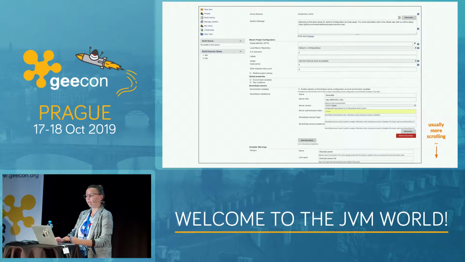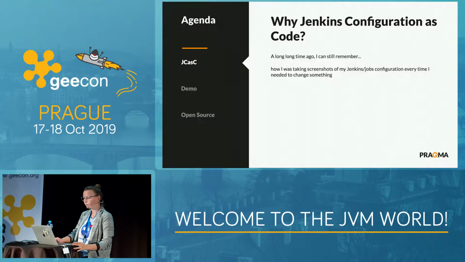So it's nice and easy, but if you have to fix your Jenkins because your hard drive crashed, or if you want to have a new Jenkins that is very similar or exactly the same one you have already, every time you have to go through this setup wizard first and then configure all the things under Manage Jenkins that you need to have your Jenkins working the way you want it.